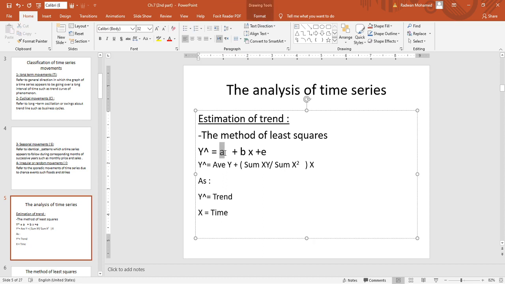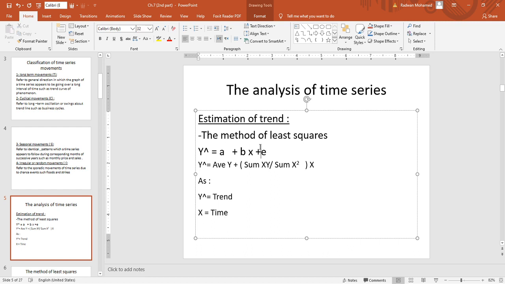The a represents the intercept of the curve, b is equal to the slope of the curve, and e is the error. The other form is y hat equals the average of y values plus the bracket of the summation of x multiplied by y, divided by the summation of x squared, close the bracket, times x, where y hat is the trend and x represents the time.